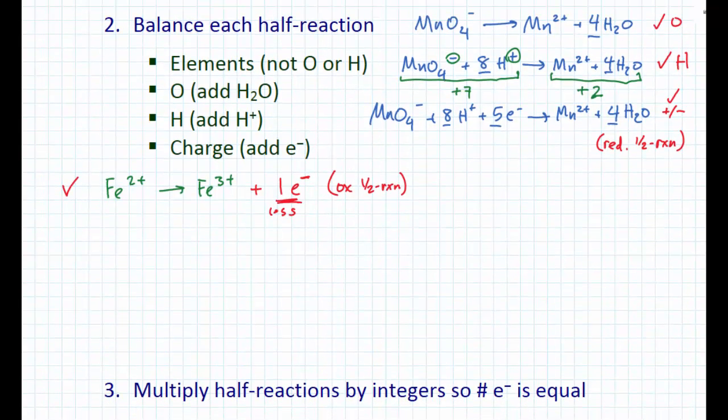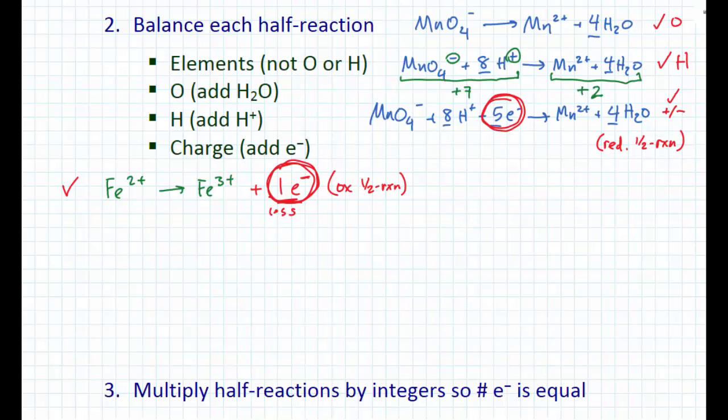Next step is to look at the electrons. Because remember, both of these half reactions are part of the same full reaction, and whatever electrons are lost by one have to be gained by the other. So we need to multiply one or both half reactions by an integer so that the number of electrons are equal in both of the half reactions.